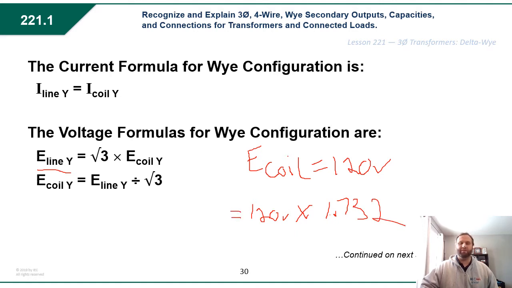That gives me a voltage of roughly 208 volts. So this Y configuration would be a 120-208 three-phase Y system.